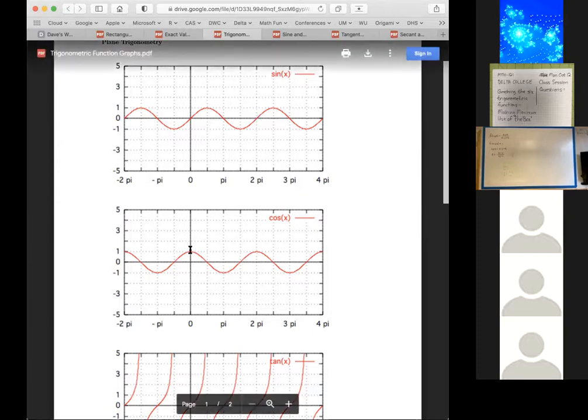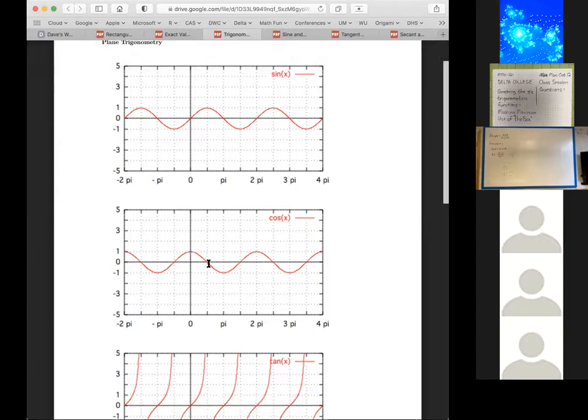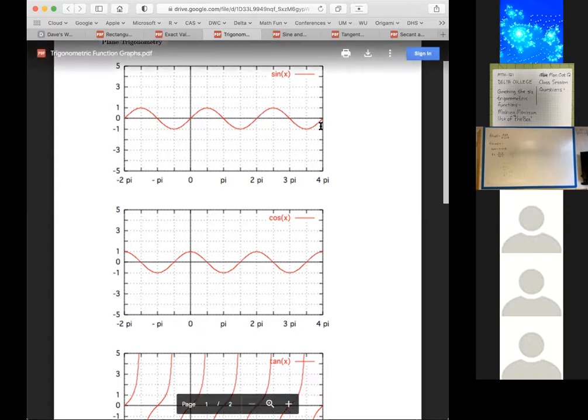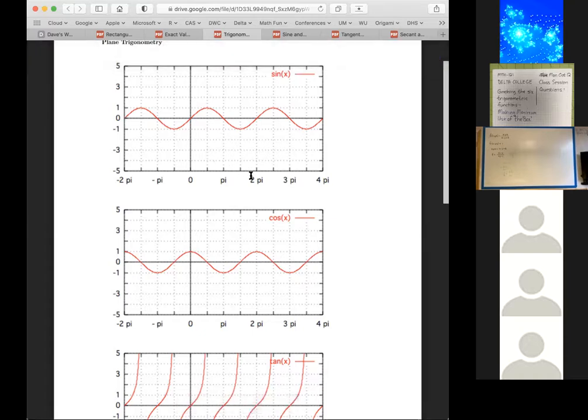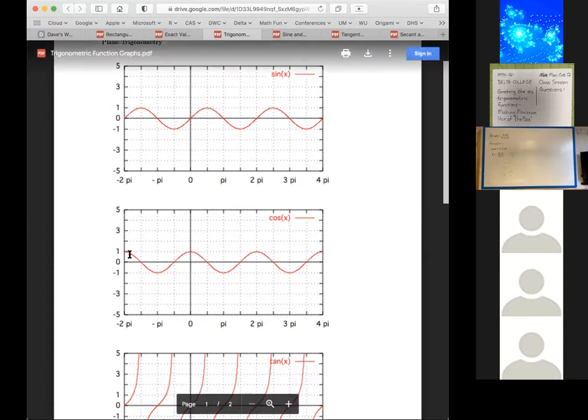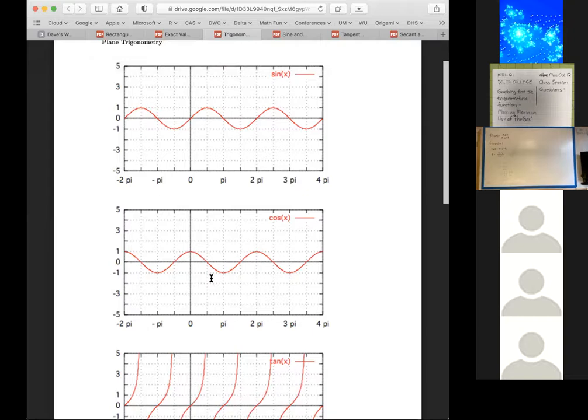Cosine starts high, goes through the middle to low point, to the middle to the high point, and that means one period. Notice on the sine and cosine graphs here, I've graphed an additional sine wave to the right, an additional sine wave to the left. So what I'm displaying here is 3 periods of sine. Similarly, 3 periods of cosine.